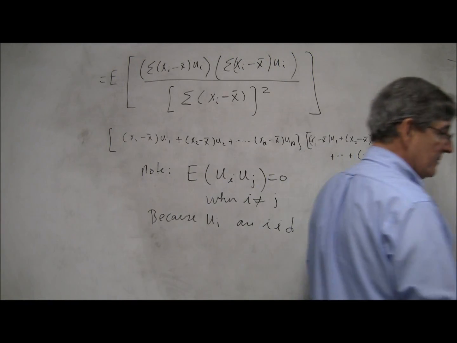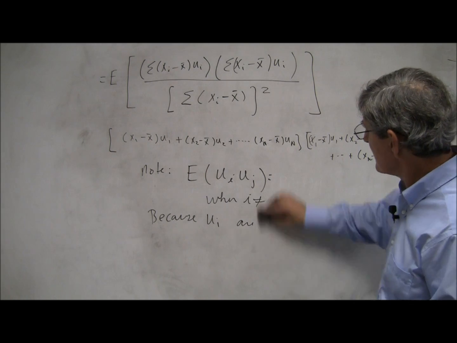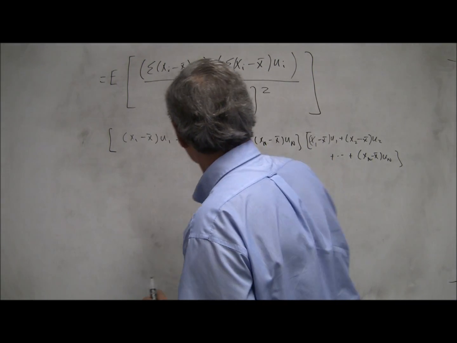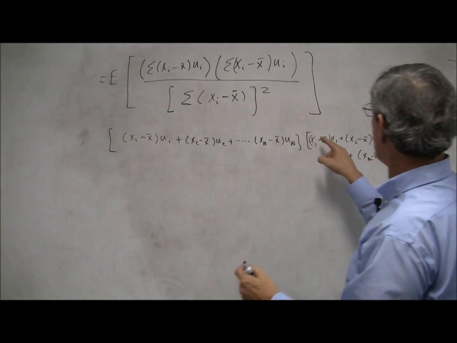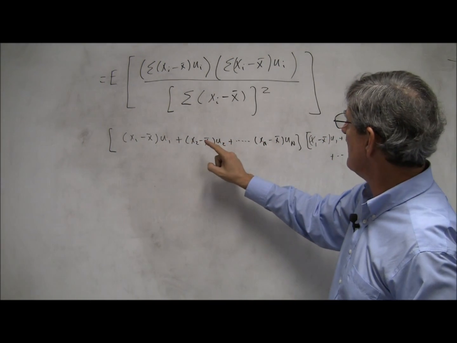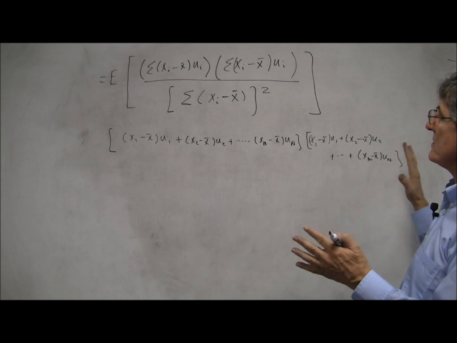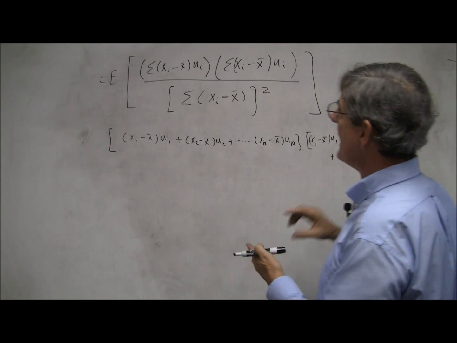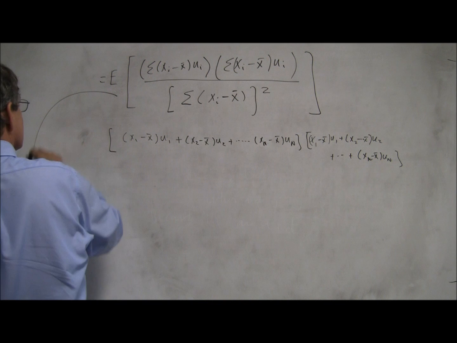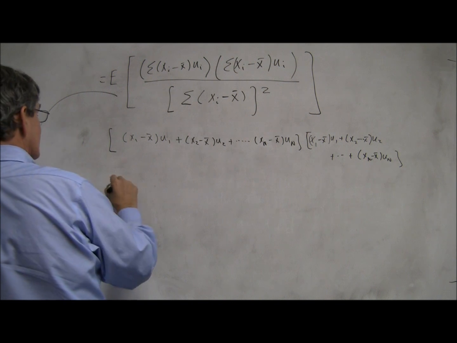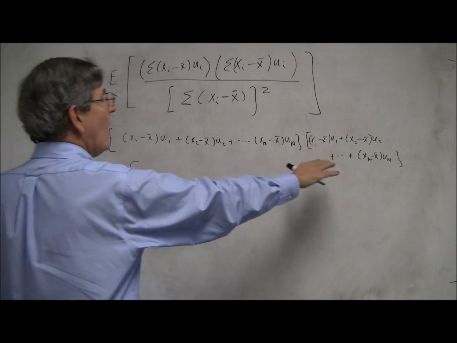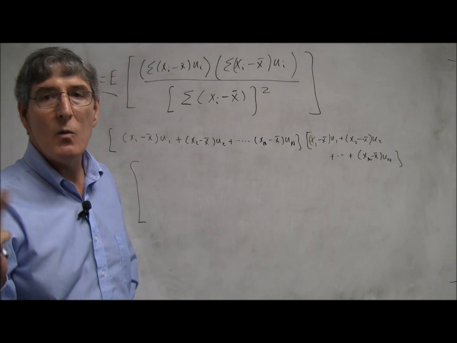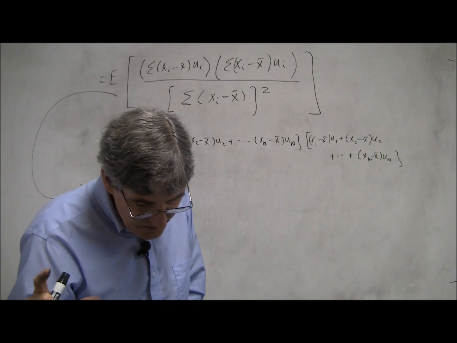So the only terms that I'm going to end up caring about, everything will be 0, except when the u's match. So when I multiply this times this, that's non-zero. When I multiply this times this, that's non-zero, and so on. But everything else cancels out. So this is the same as the expected value of dropping all of the cross-product terms where the i's and j's don't match.